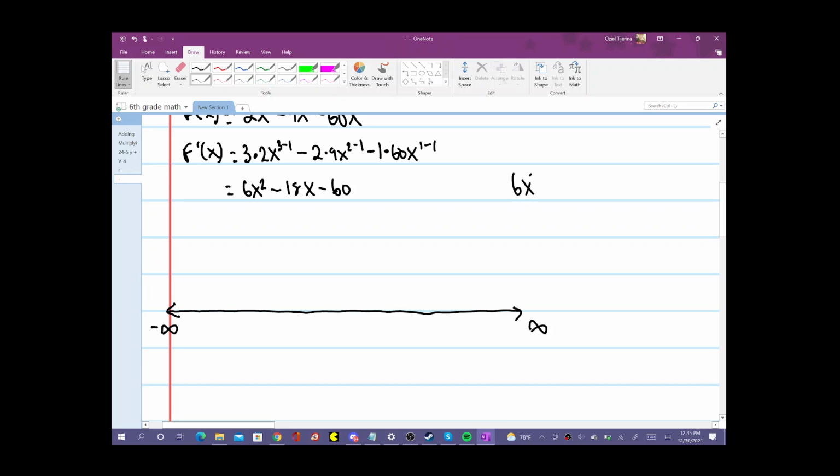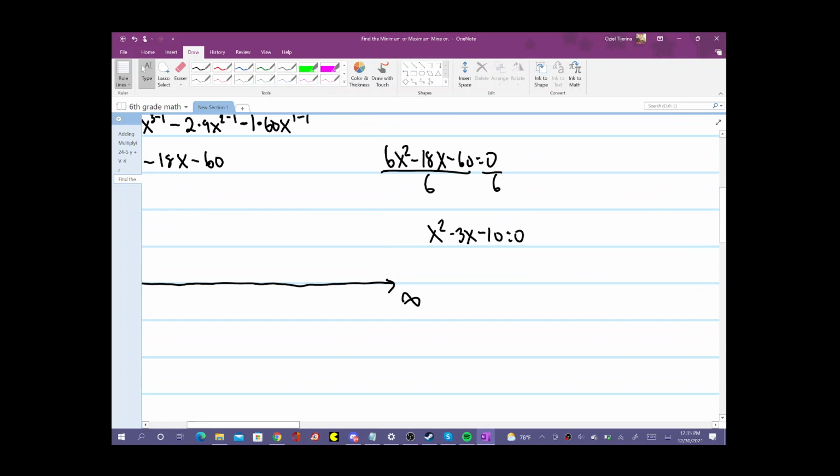So 6x squared minus 18x minus 60 equals 0. Divide both sides by 6, you get x squared minus 3x minus 10 equals 0. So then you have x minus 5 times x plus 2 equals 0. This gives you x equals 5 and x equals negative 2.